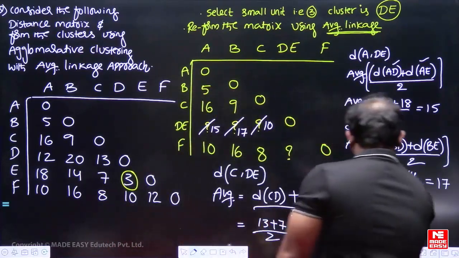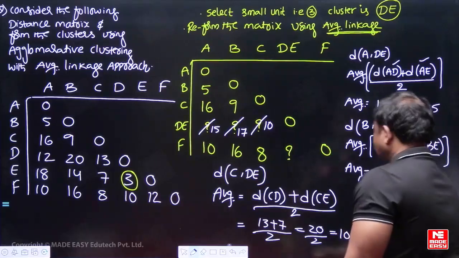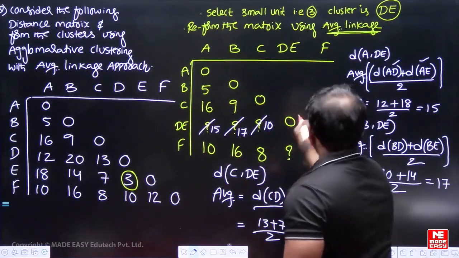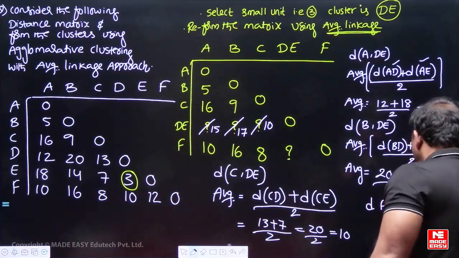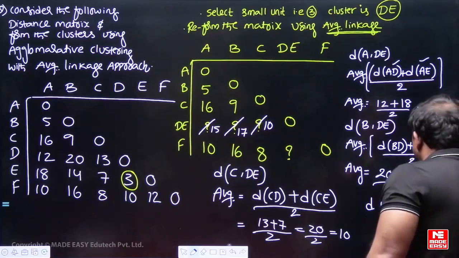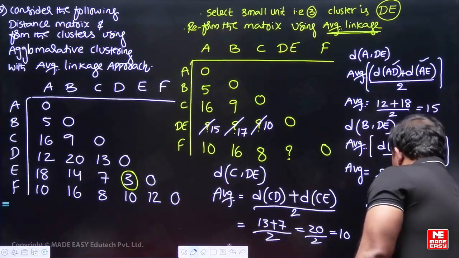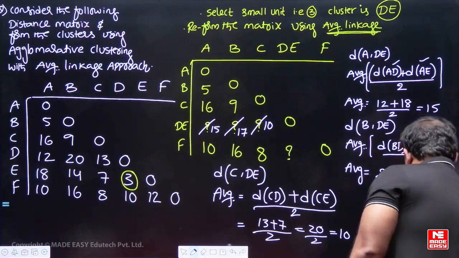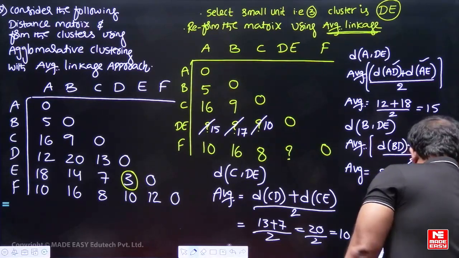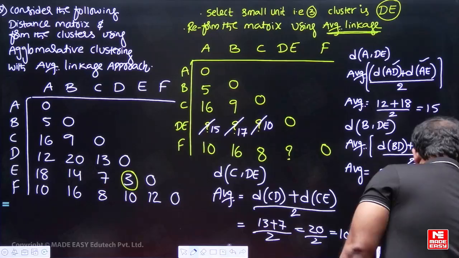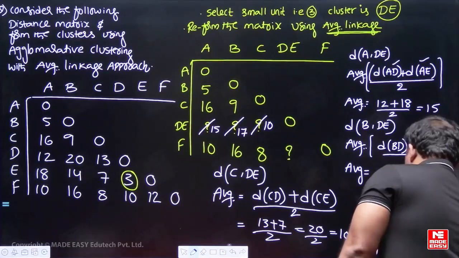Alright. Now, distance between F and DE. Then what do we need to take? Average is equal to distance of FD plus distance of FE divided by 2.